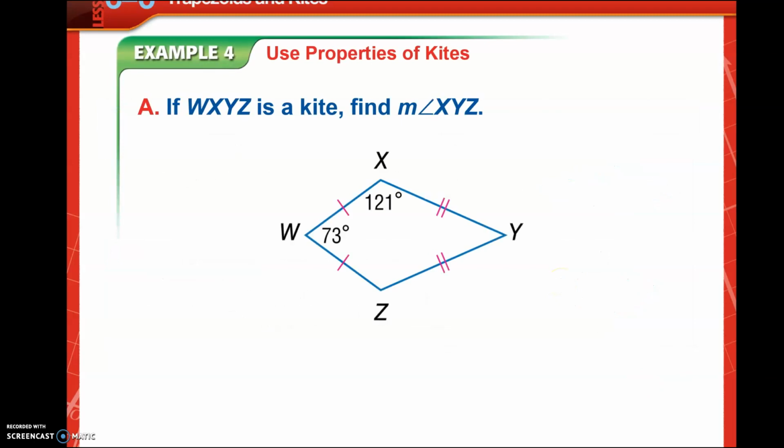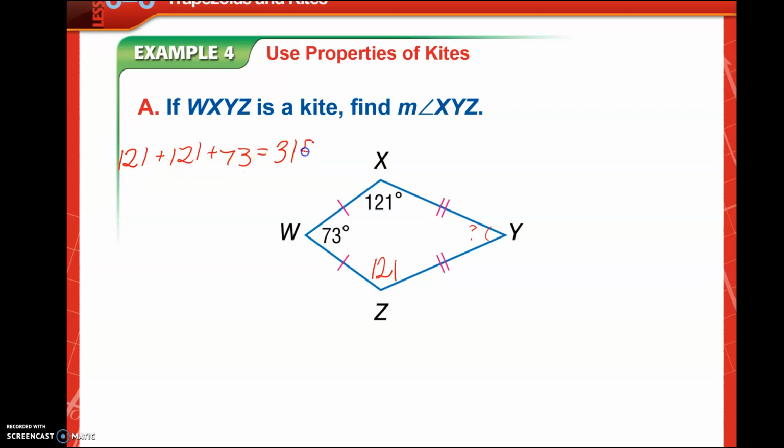So knowing that property, we know that this is 121, and I want to find this angle. So all the angles add up to be 360. So I can take 121 plus 121 plus 73.